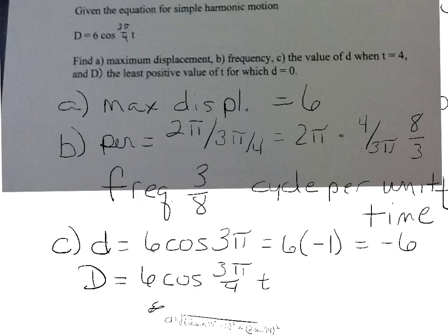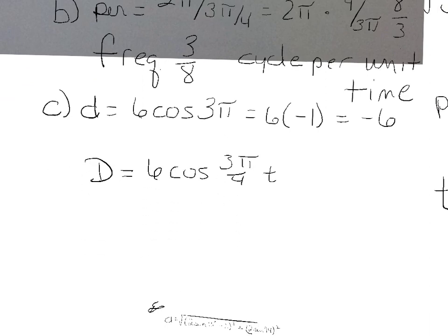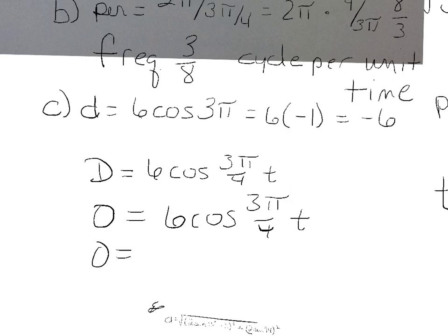What did you say, Colin? Set this equation equal to 0. So 0 equals 6 times the cosine of 3 pi over 4t. I'm going to divide by 6. And 0 equals the cosine of 3 pi over 4t. Because we want to know when is the distance equal to 0.